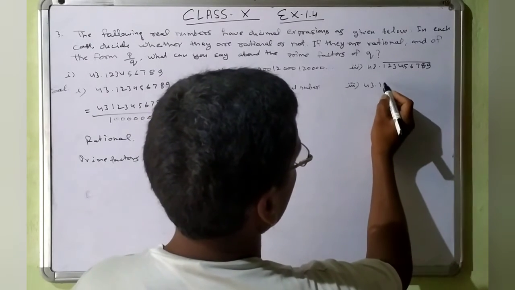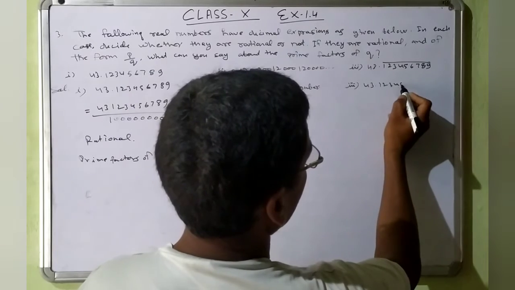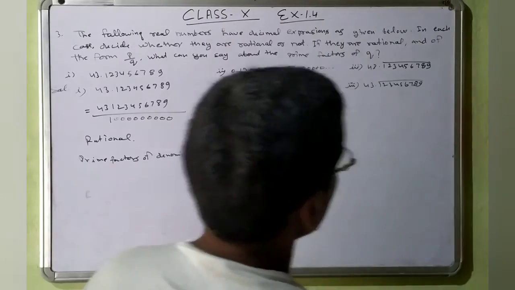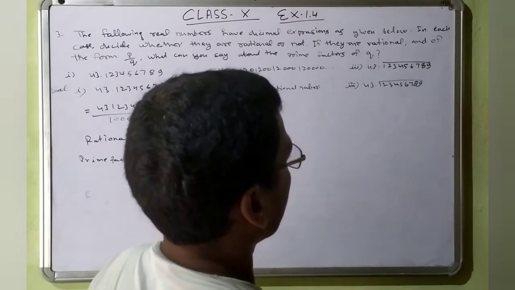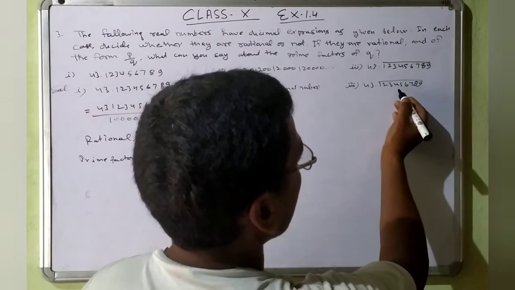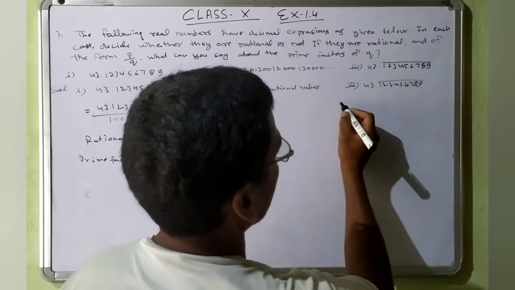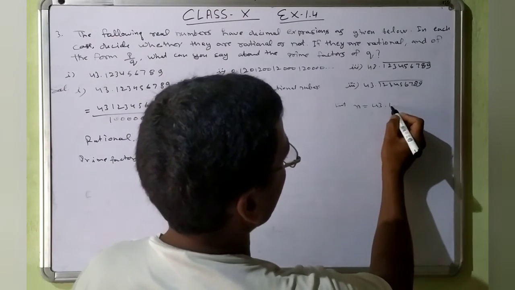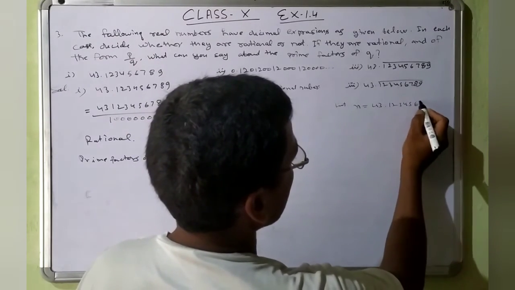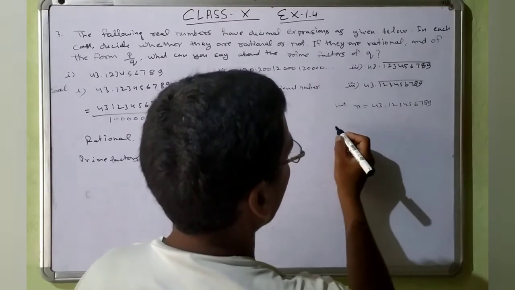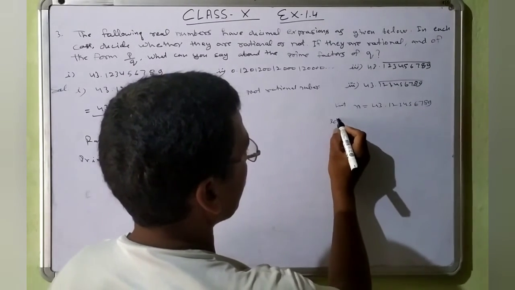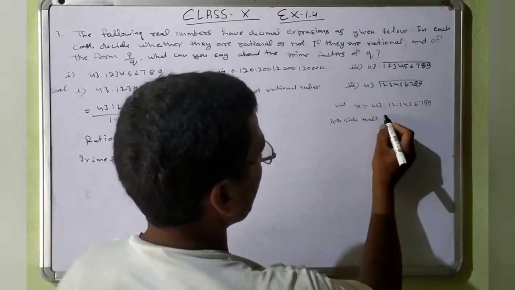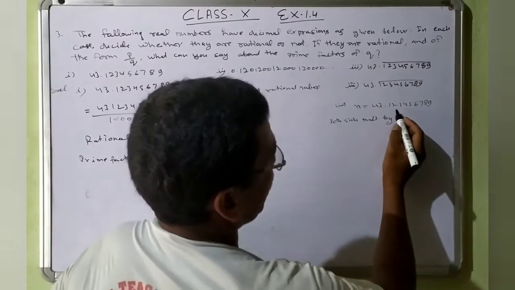Next, third part, 43.123456789 repeating. You know that very well. You have studied in 9th class how to convert this into p upon q form. So let x be equal to 43.123456789 repeating, and then multiply both sides by, after the decimal how many digits? 9 digits.